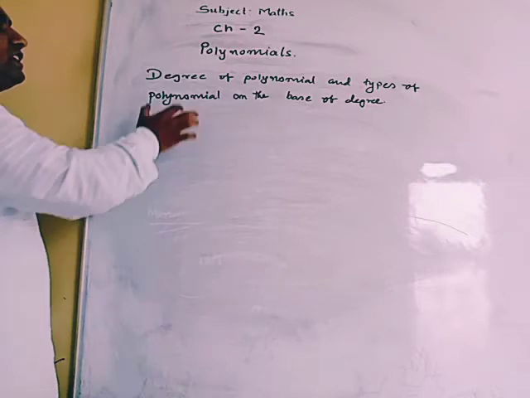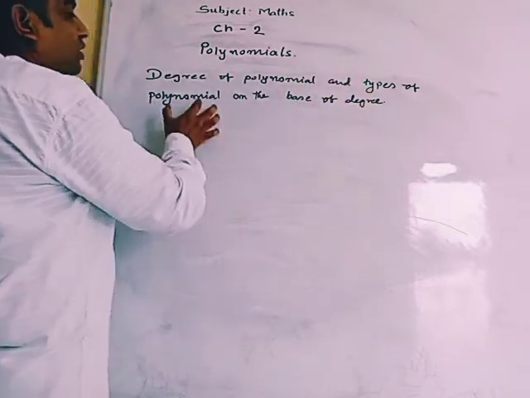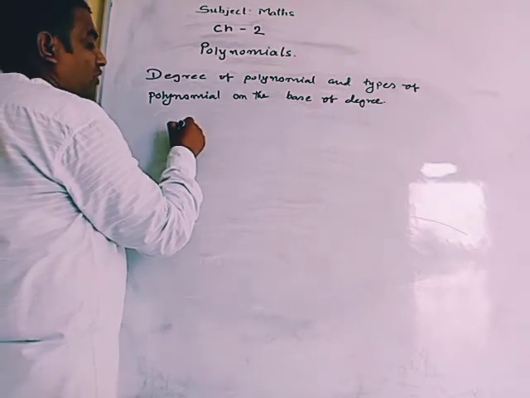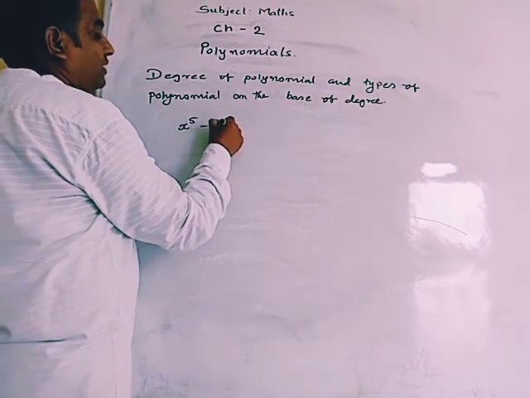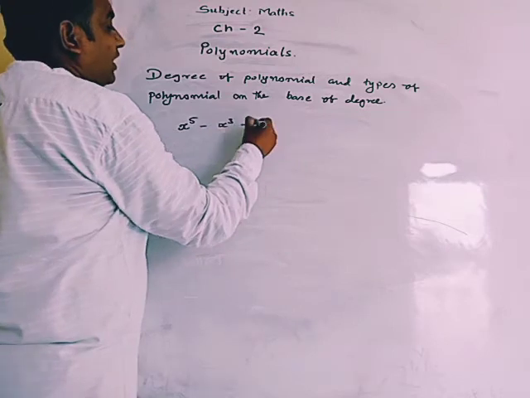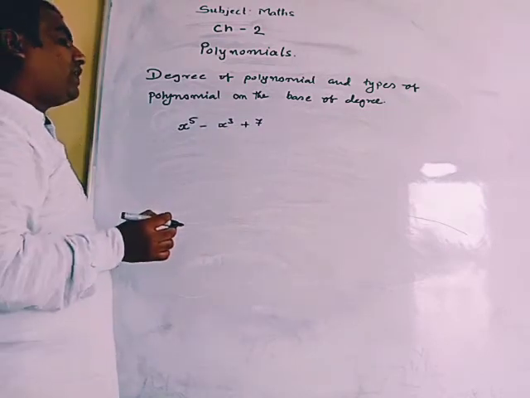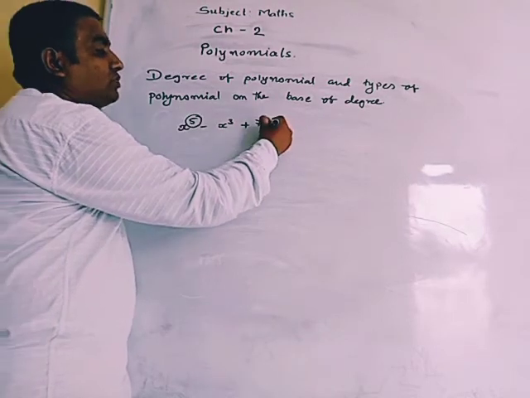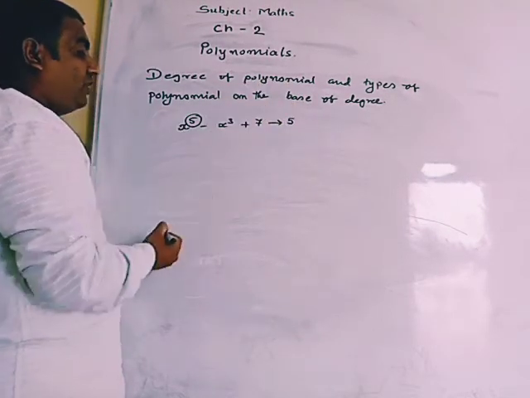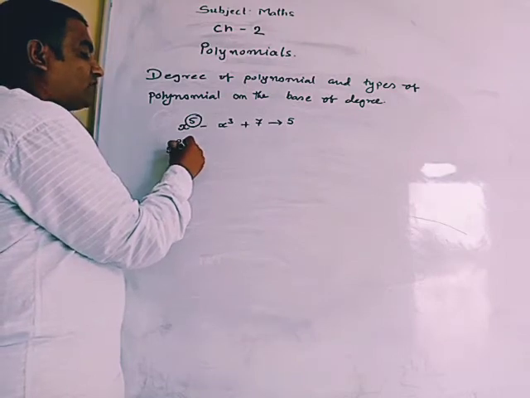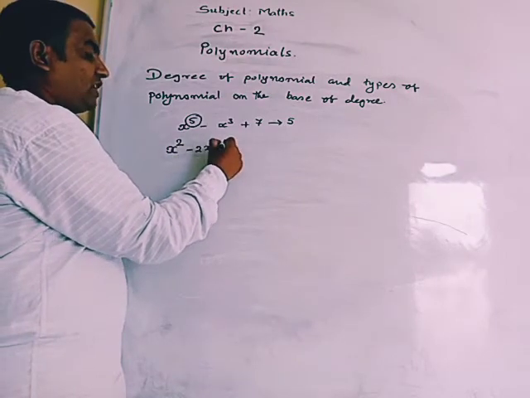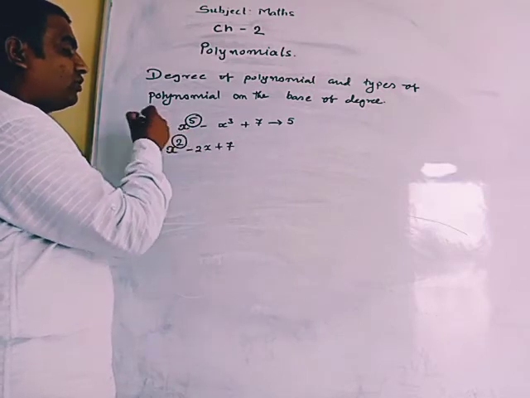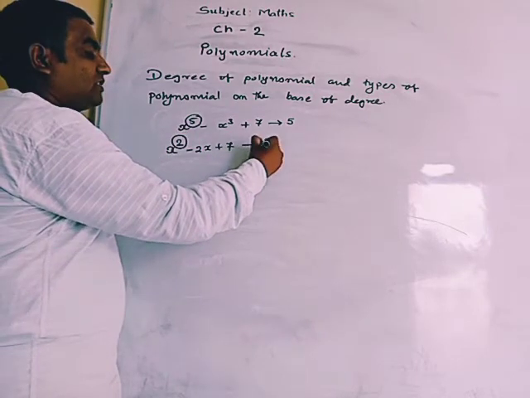Now let's see the degree of a polynomial and types of polynomial on the basis of degree. If we write the polynomial x raised to 5 minus x cubed plus 7, then the degree means the highest power of the variable. Here the highest power of the variable is 5, so this polynomial has degree 5. If we write the polynomial x square minus 2x plus 7, the highest power is 2, so its degree is 2.